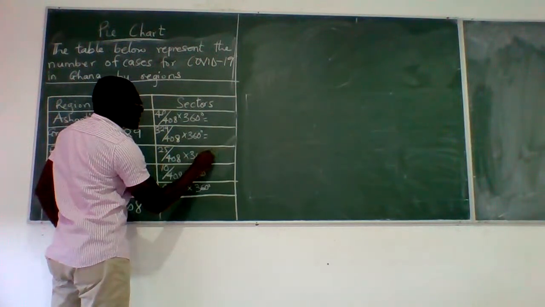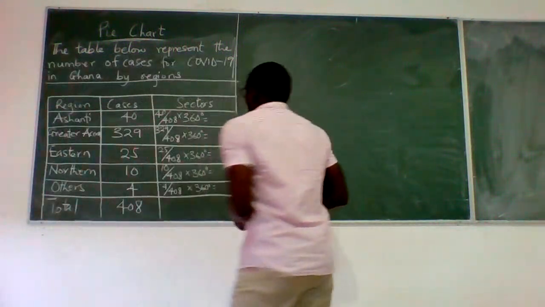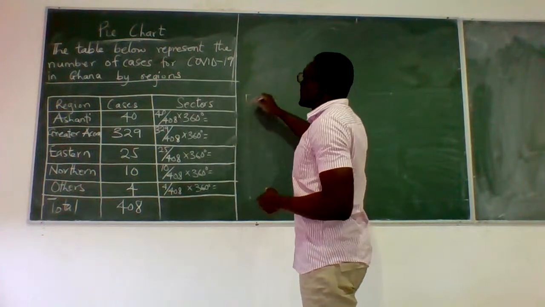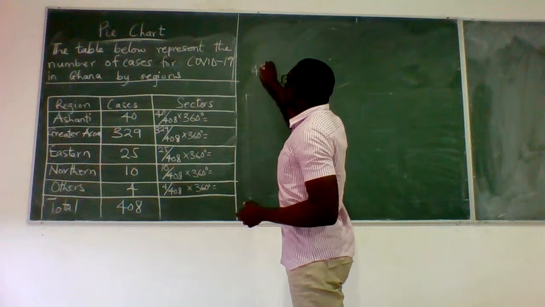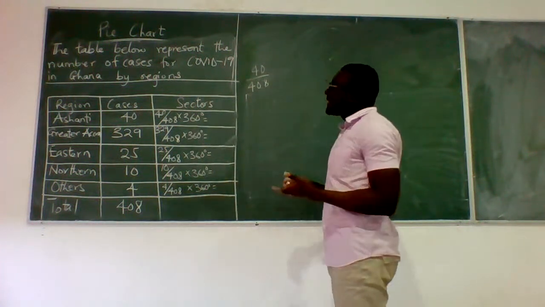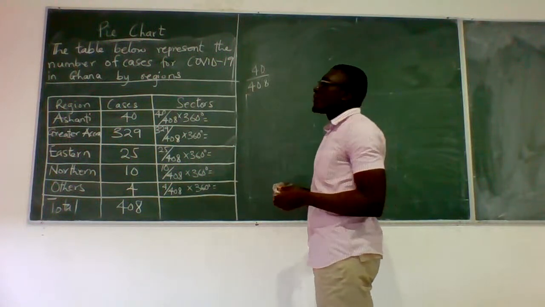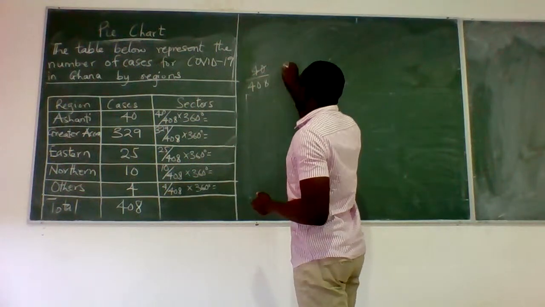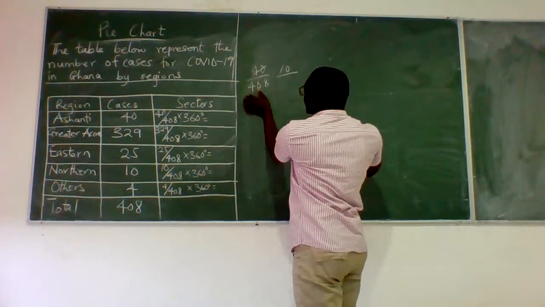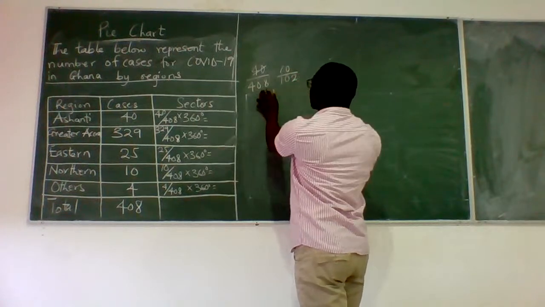Now, at this point, all you are left with is your algebra. So let's see. From here, we can see that we have 40 and then 408. We can clearly guess that we can divide these using the number 4. So here, 4 goes into 40 10 times, and into 408, it goes into the 40 also 10 times, and then into the 8 2 times.